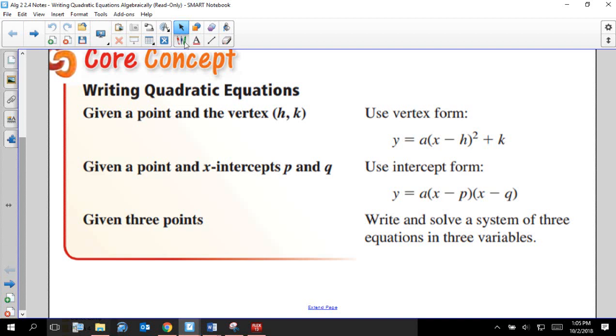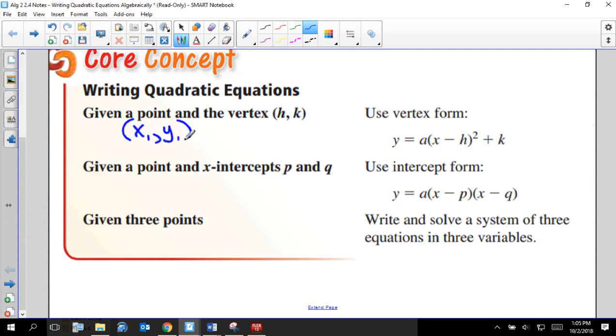I'm going to call my point x1, y1, and the vertex would be h, k. If you're given a point and a vertex, you use vertex form.